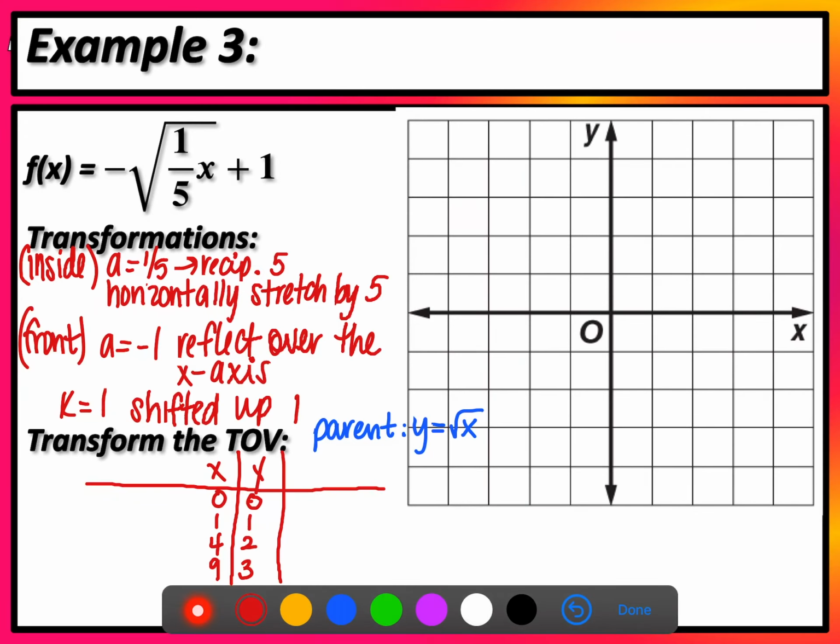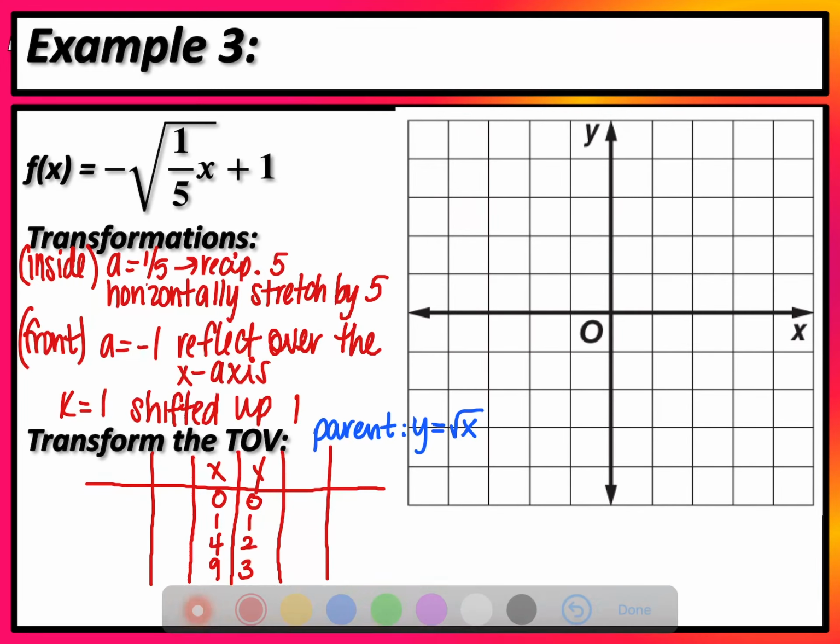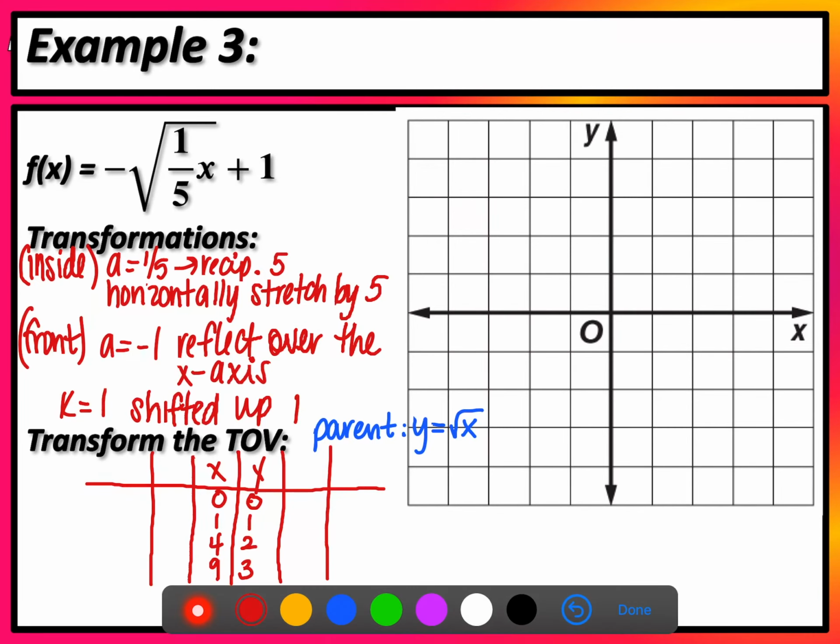Okay, so those are my parent values. And now I'm going to do my transformations. So the a on the inside, okay, the reciprocal of 5, that's a horizontal transformation. So I'm going to multiply my x values by 5. And the a that's in front is a vertical. So I'm going to multiply my y's by -1.